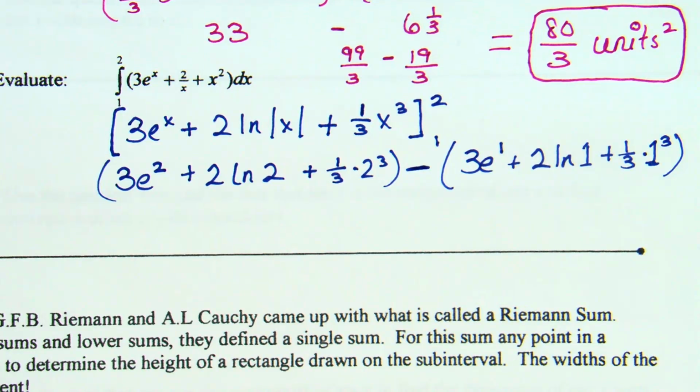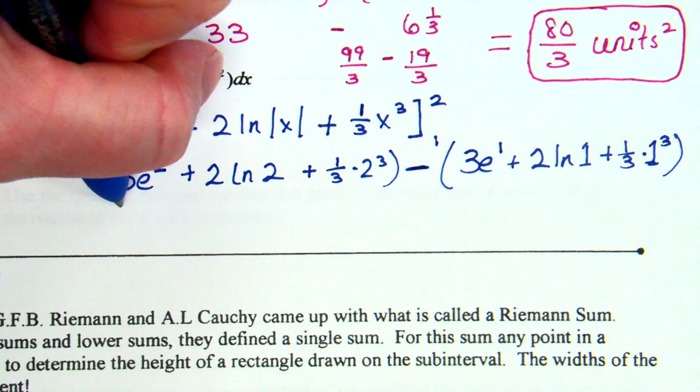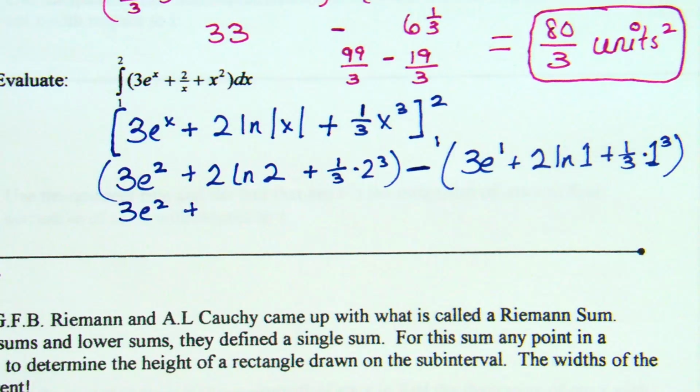Let's clean up what we can. 3e squared is 3e squared. There's nothing you're doing there without a calculator. 2 natural log of 2. Officially, it could become, if it needed to, natural log of 4.